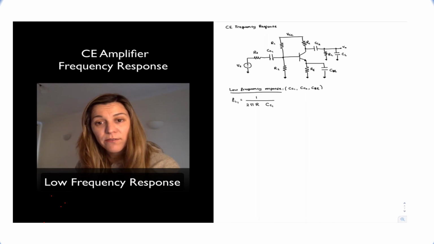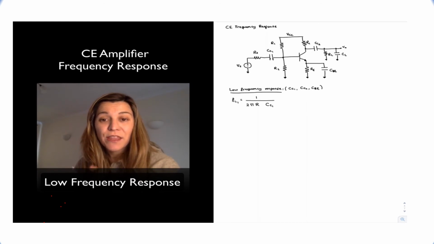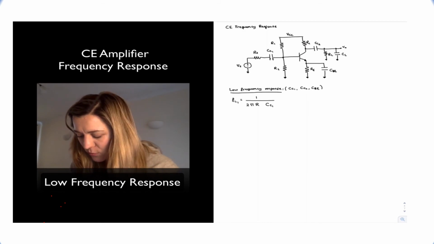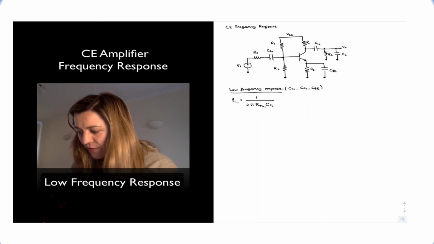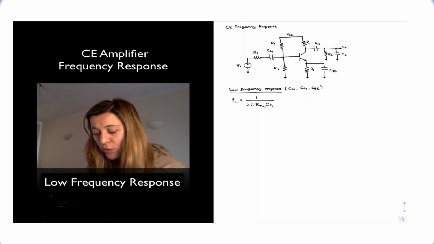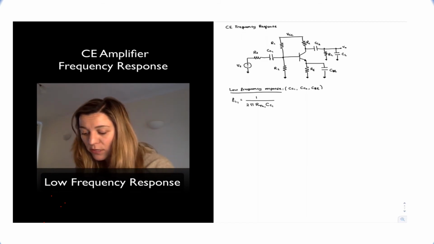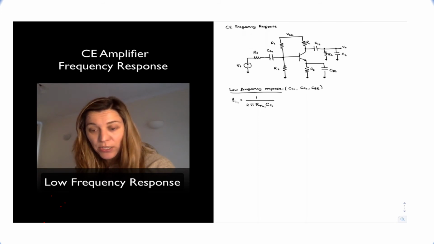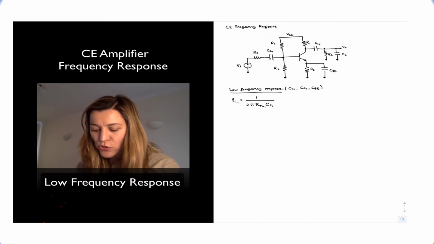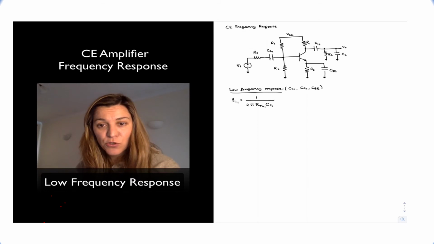And the R for that capacitor is going to be the Thevenin resistance connected across the terminals of CC1, which I'm going to refer to as R Thevenin 1. Now, what is R Thevenin 1? Well, if we look at the circuit and we look at CC1 and consider the resistors that are connected to it, I'm going to disconnect my signal source, so I'm going to assume it's just shorted to ground.